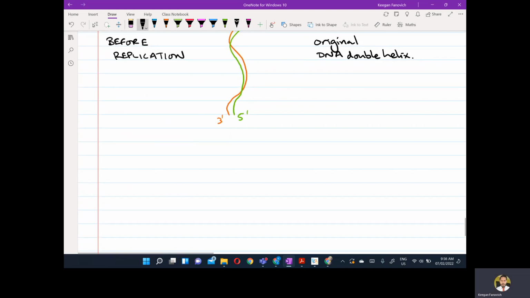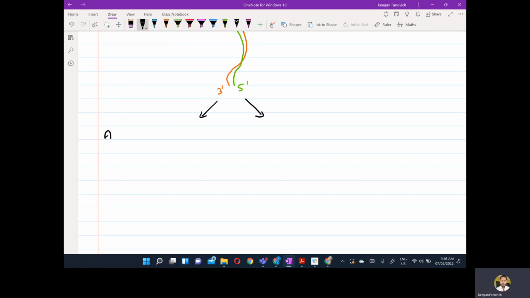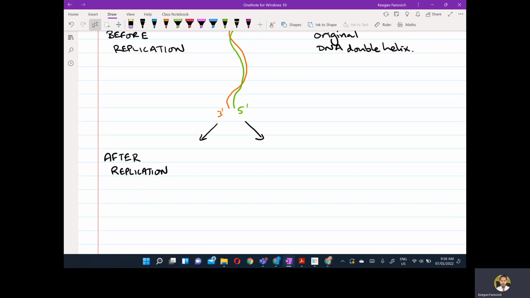And then it's going to unravel like that. So this would be like during replication. It will unravel, and after replication, you'll end up with the orange on this side, which is 3 prime.